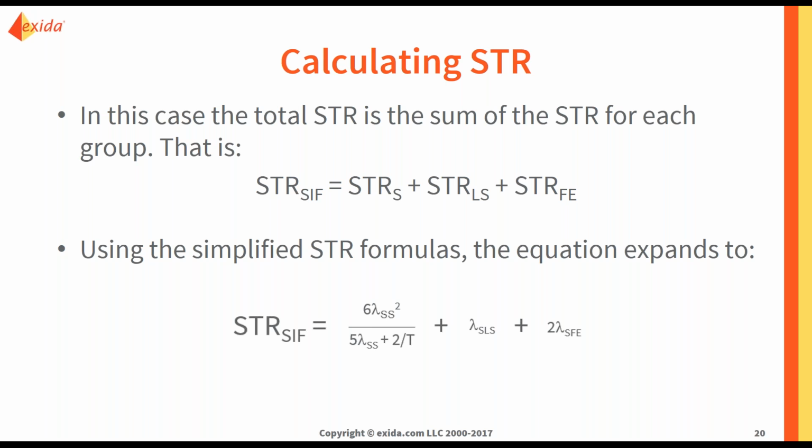And then the STR of the logic solver is simply the safe failure rate of that logic solver. Finally, for the final elements, you have the STR equaling 2 times the safe failure rate of that 1 out of 2 configuration. So we use the simplified equations from before to come up with this total STR of the SIF.